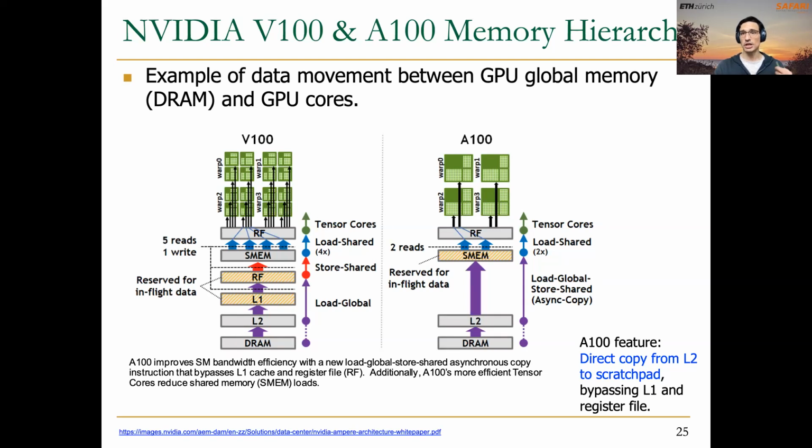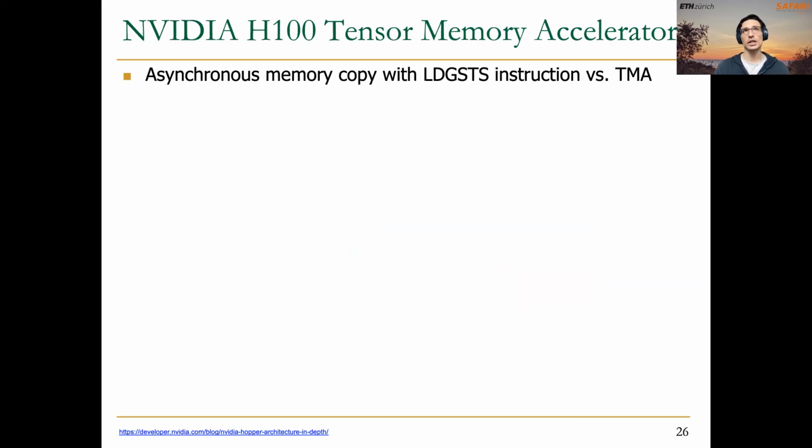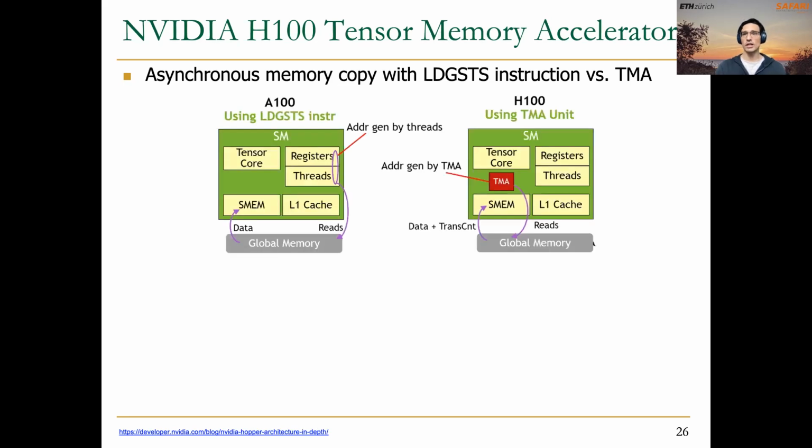And that's something that has been improved even more in the H100 GPU with a new unit inside the GPU core that is called the Tensor Memory Accelerator. And here you can see the difference between what is done in the A100 architecture and what is done in the H100 architecture.